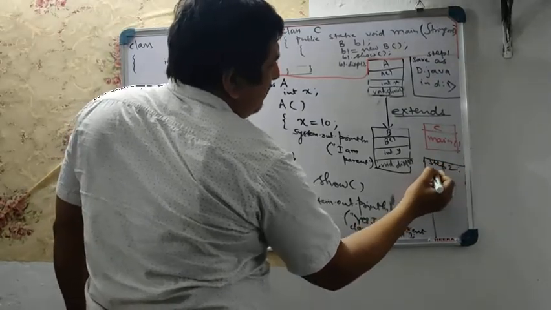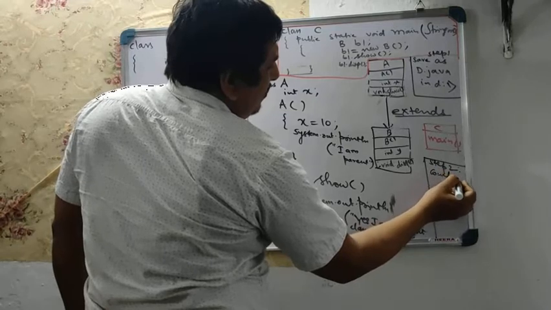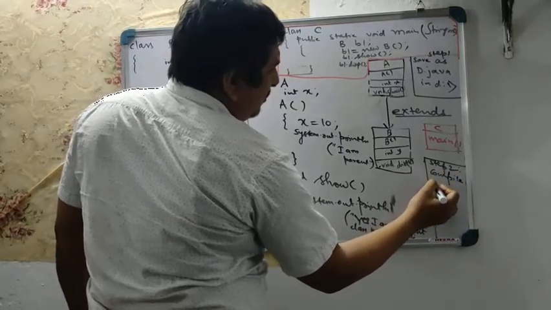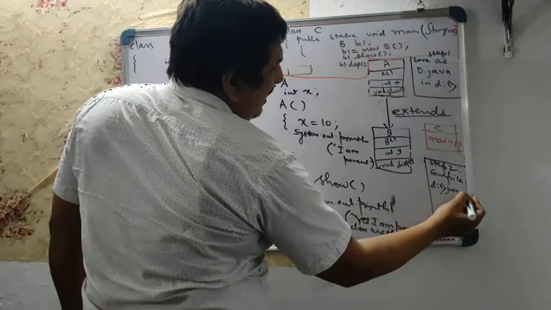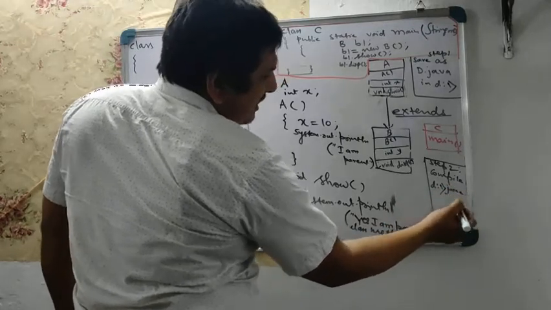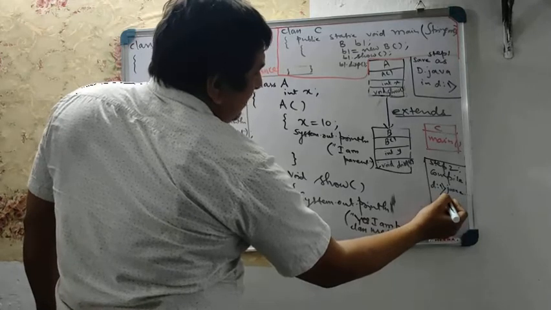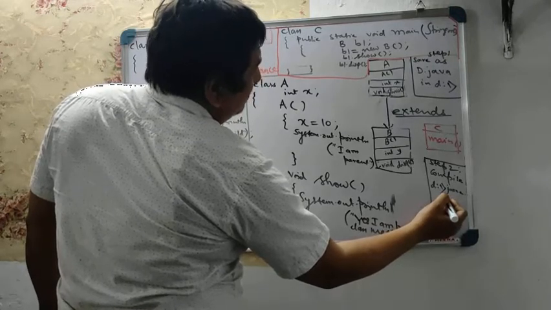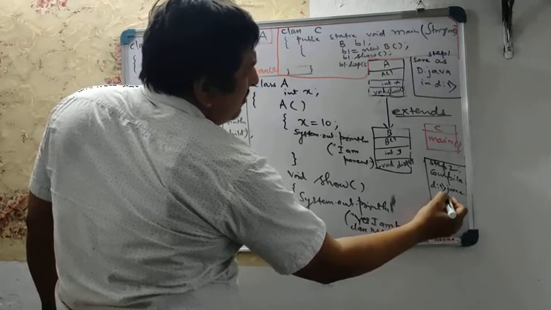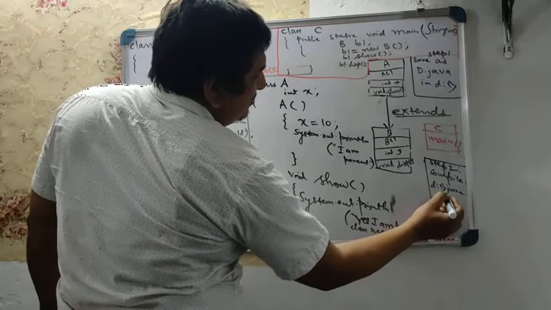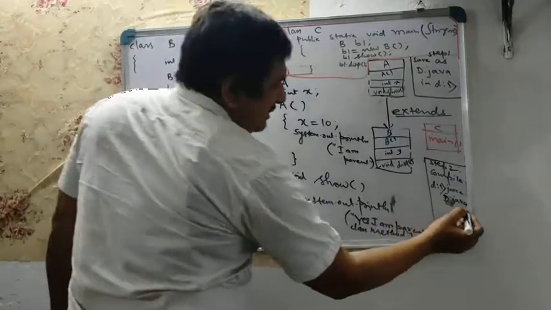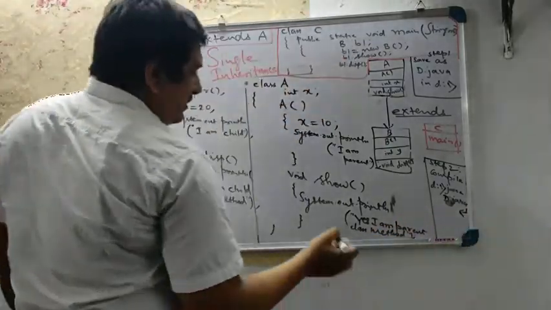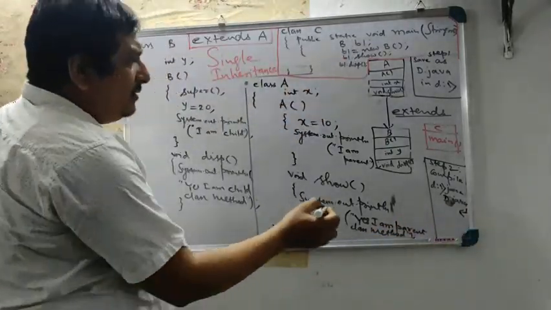Step 2 is compile. So we will go to the D drive and then we write javac, and here actually there is no space, that's why I am writing here. Then the name of the program is d.java.